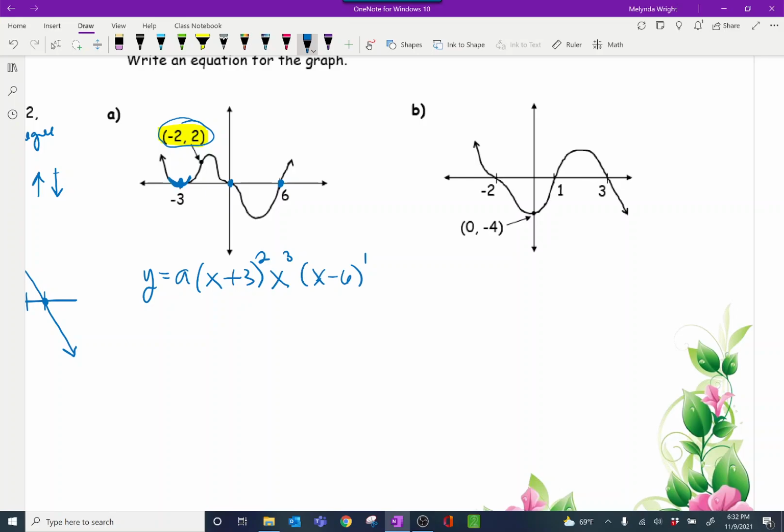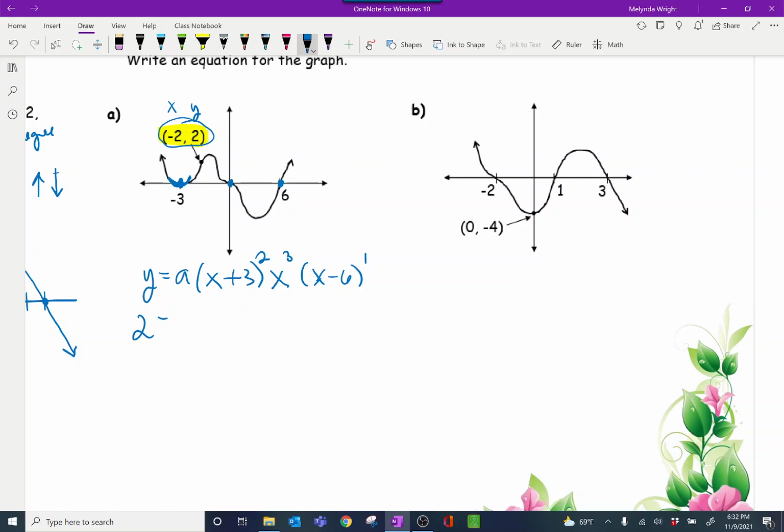What would we need to do? So we need to find a. How are we going to do that? Well, we're going to take the point that they gave us. This would be my x and that would be my y, and we're going to plug that in and just solve for a. So I have 2 equals a times negative 2 plus 3 squared times negative 2 cubed times negative 2 minus 6 to the first.